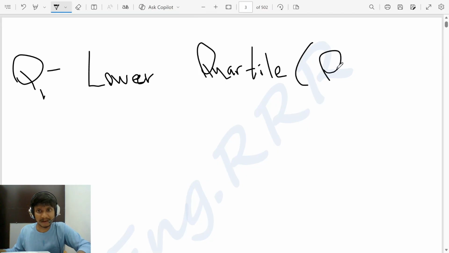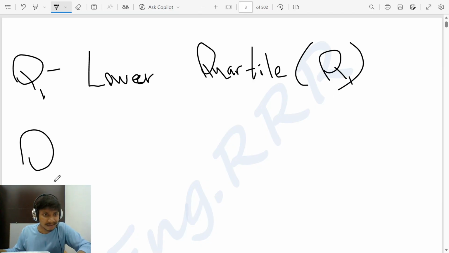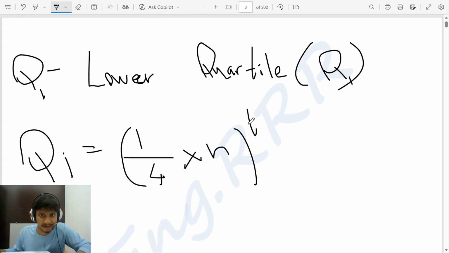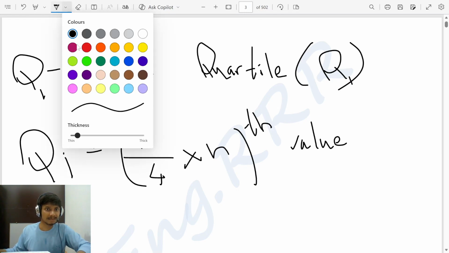Don't get confused: lower quartile just means Q1. Q1 is equal to 1 by 4 into the nth value. This is very important. What is the meaning of this?